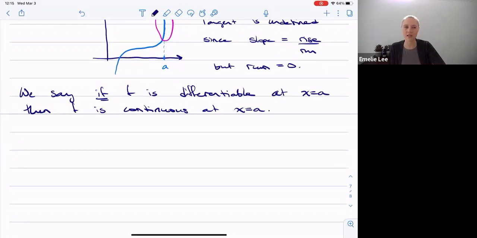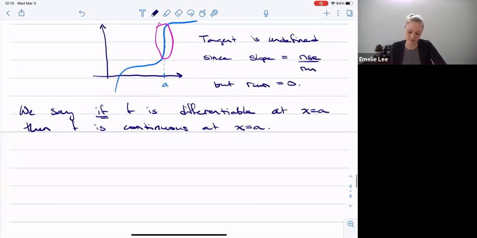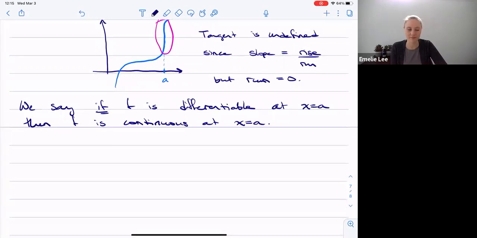So you can add that to the roster of continuity, right? But it doesn't necessarily go the other way. If it's continuous, then it's differentiable? Not necessarily. Usually, but can't say for certain every time. Trying to think of an example. Can't think of anything, but it only goes one way.